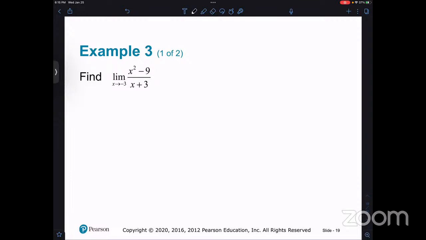So if we were to simplify the limit as x approaches -3, on top, we have x squared minus 9, right? That should be a special factoring technique. Hopefully, you guys are thinking difference of squares, right? So that should give us x minus 3 times x plus 3, right?